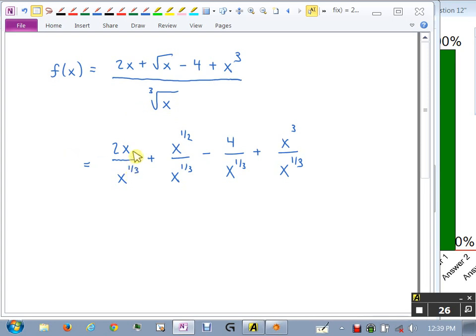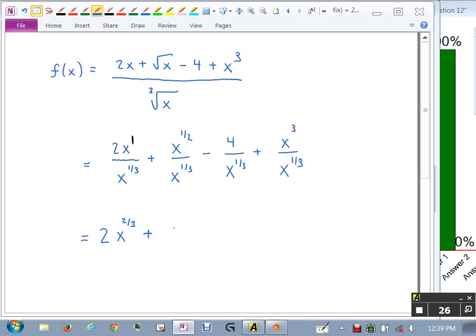Now you have to use exponent properties to rewrite these all as powers of x. So let's do that. I've got maybe 30 seconds. What's this first one? 2x to the 2/3. How'd you get 2/3? You took the power up top, which was 1, and subtracted the power on the bottom, 1/3. 1 minus 1/3 is 2/3. And then you keep doing this for the rest of these.